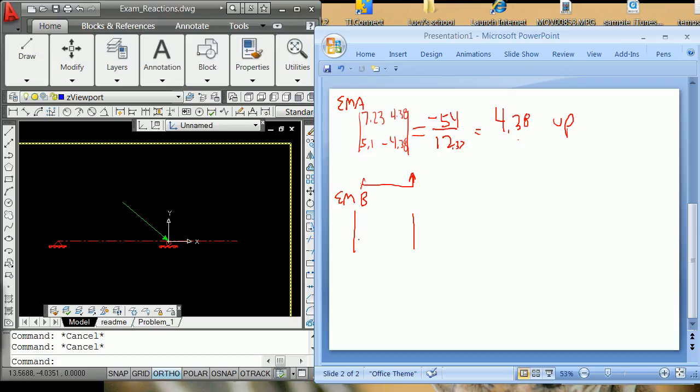So that one there is minus 5.1, 4.38. And realize the force hasn't changed.